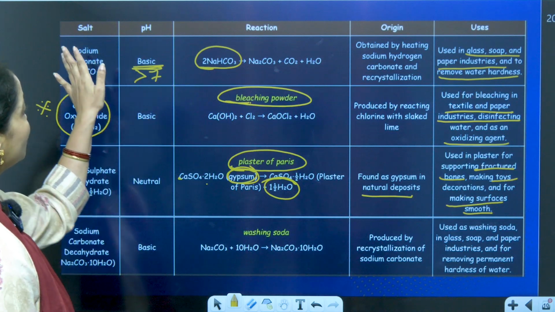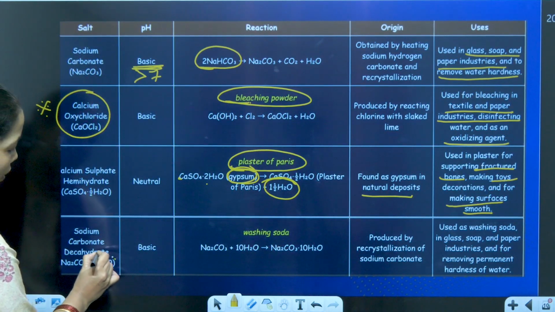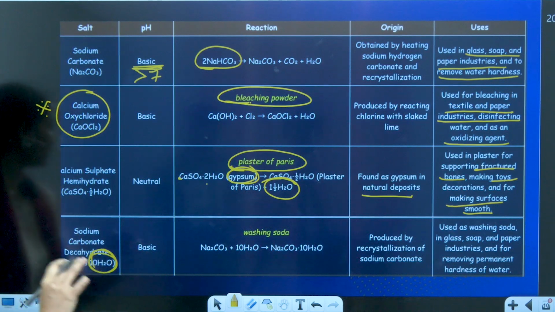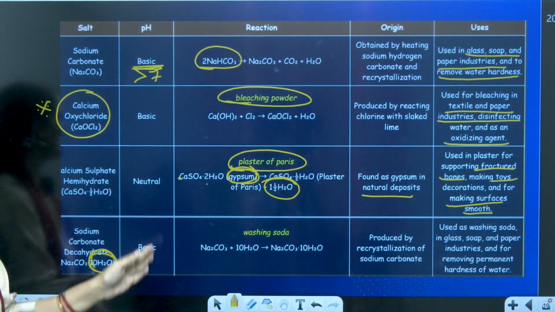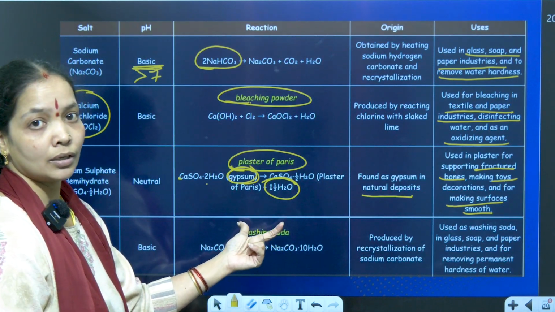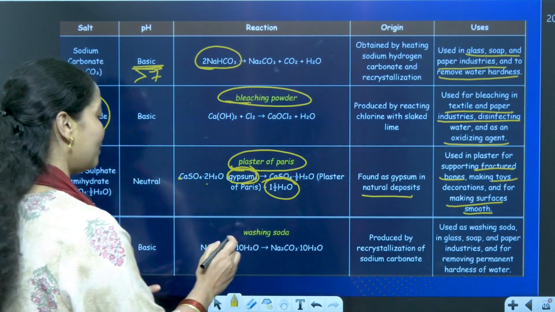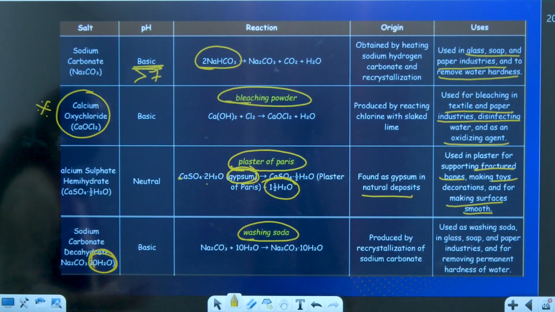We have learned about sodium carbonate. See here, Na2CO3. Deca means 10 water molecules. Dot 10 H2O is the only change here. All these substances majorly are basic in nature. The normal name of sodium carbonate decahydrate is called washing soda.